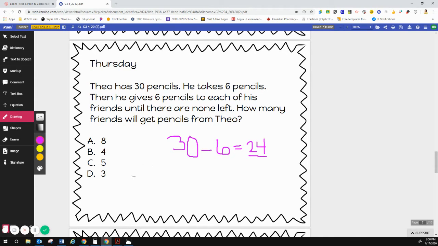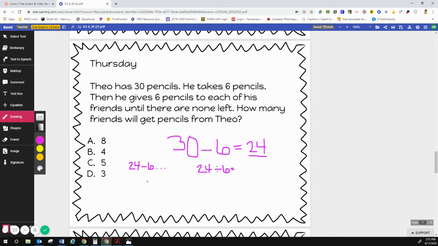I could start with my total and take a group of 6 away because a friend is going to get a group of 6. And I could keep doing that until there are none left. I could repeatedly subtract. When I do repeated subtraction, that's also the same as division, right? Got my total, 24, and I'm grouping the pencils in groups of 6.